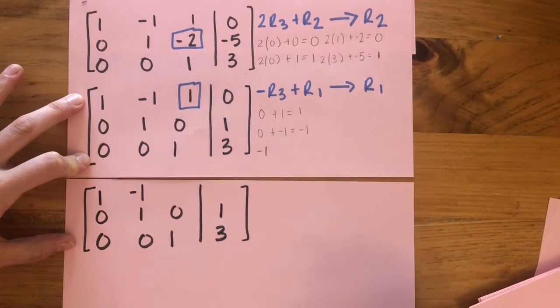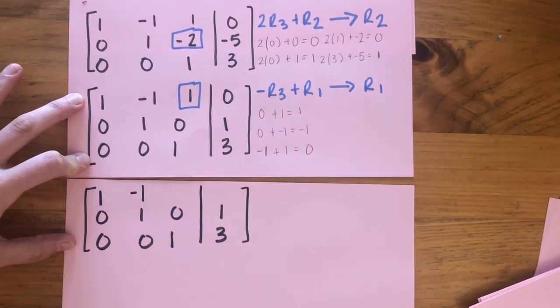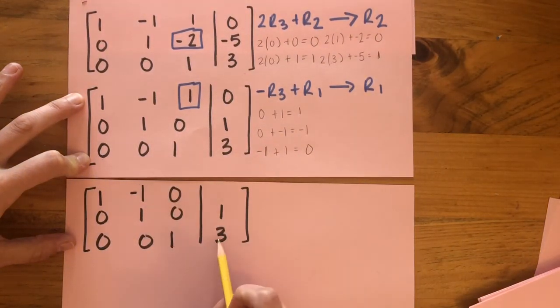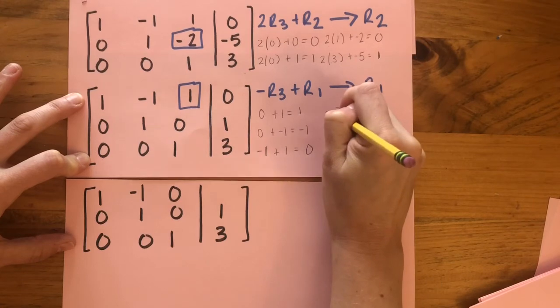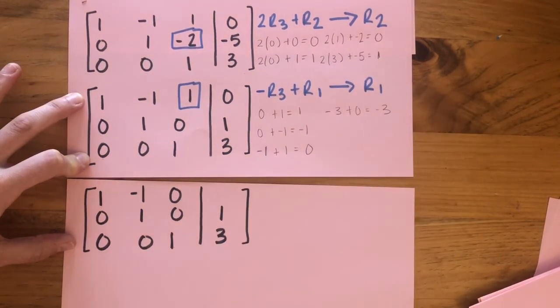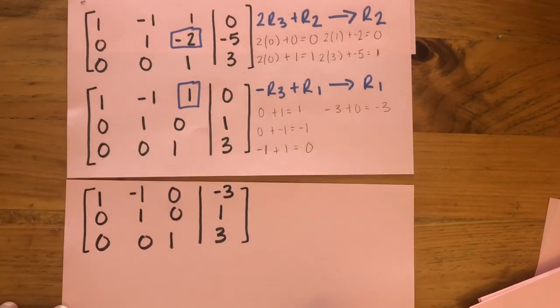So negative row 3 plus 1 equals 0. This changes to 0. And then -3 plus 0 is -3. So this changes to -3. All right, we only have one more step left to do.